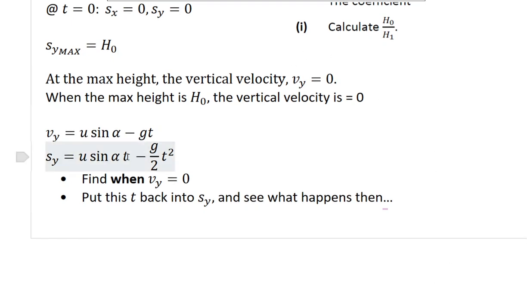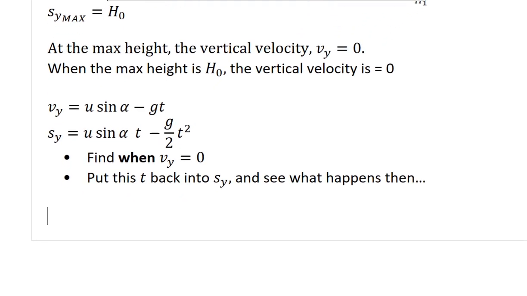And just to be clear, writing it here doesn't work. It's sine alpha times t. So it may not look as clear in the typing, but it's not sine alpha t, it's sine alpha times t. So let's do the first step.